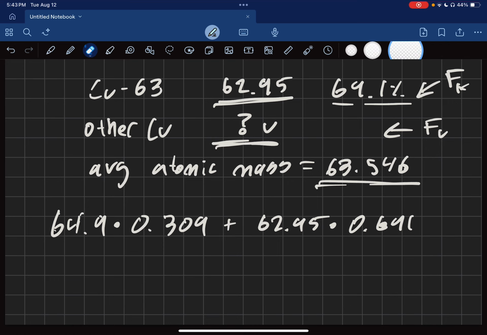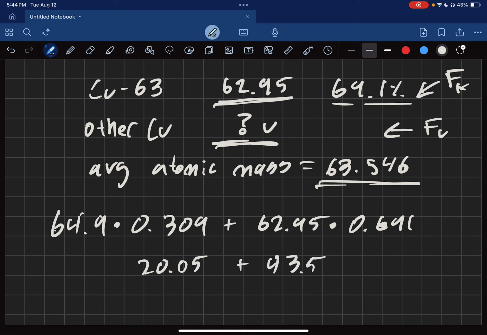And let's see what that gives us. 64.9 times 0.309 is equal to about 20.05. And then 62.95 times 0.691 is equal to just about 43.5. So we add those two together and we get 63.58, which is just about what we had.